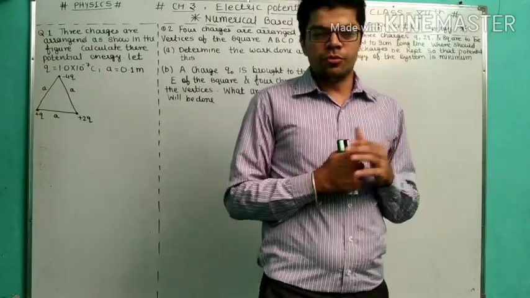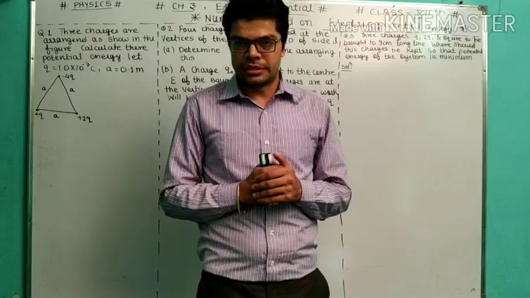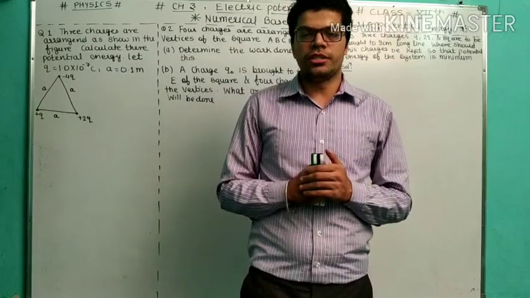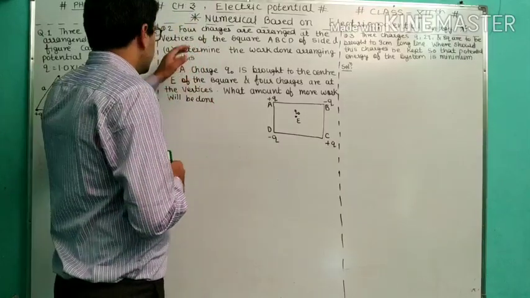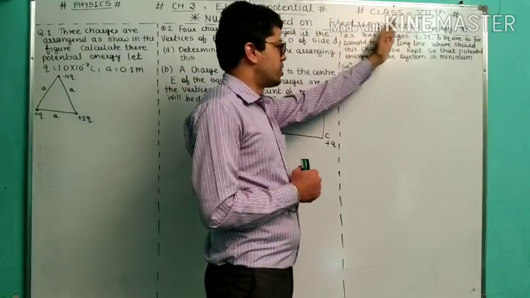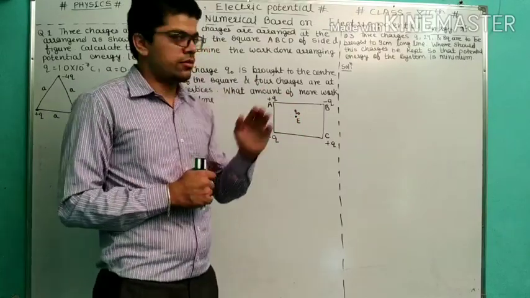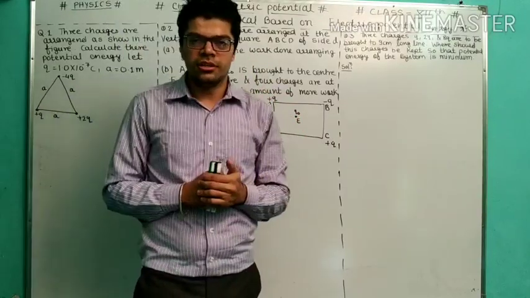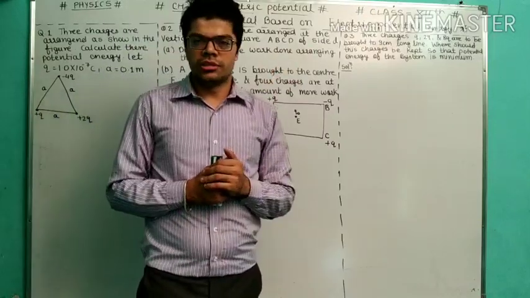So today we are going to discuss some of the important numericals of chapter 3, and the topic on which these numericals are based is electric potential energy. In our previous video we already discussed what electric potential energy is, and also the electric potential energy due to a system of charges.